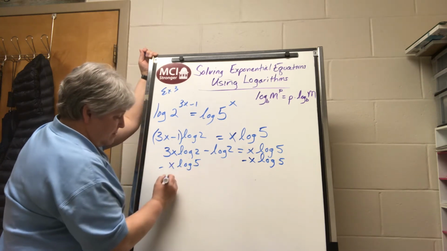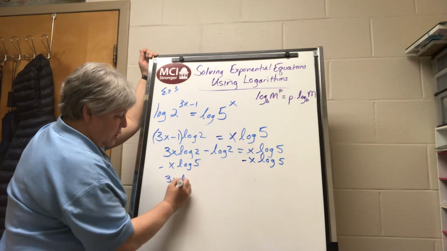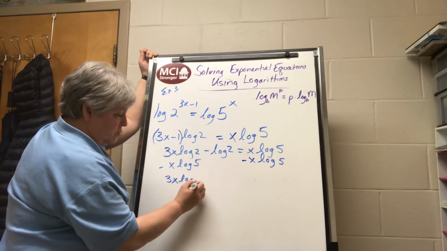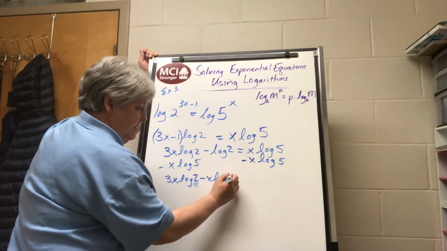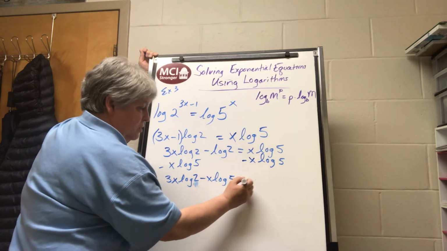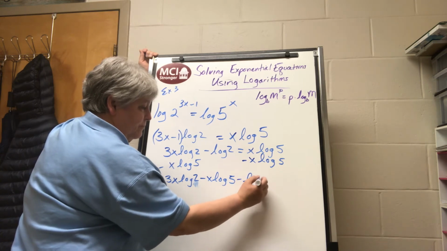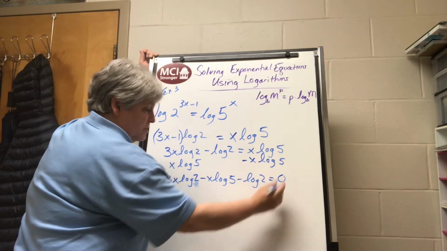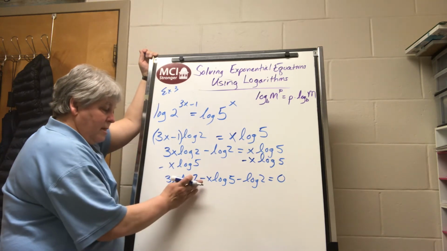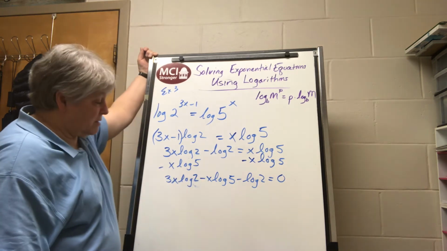And now I have here 3x log 2, minus x log 5, minus log 2, equals, and this is now all gone, so it's a 0. I have all the x terms on one side.